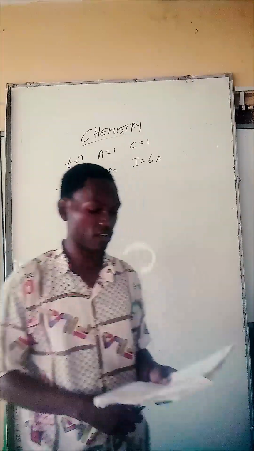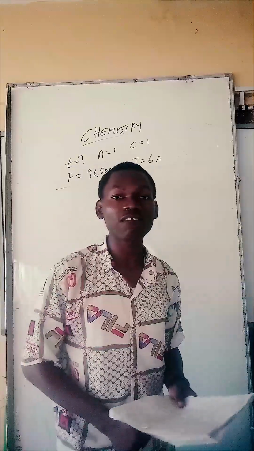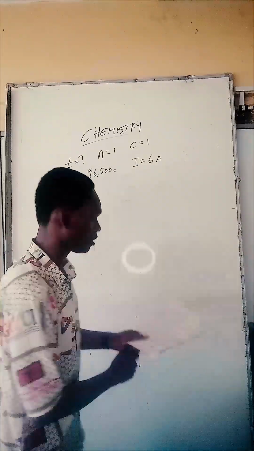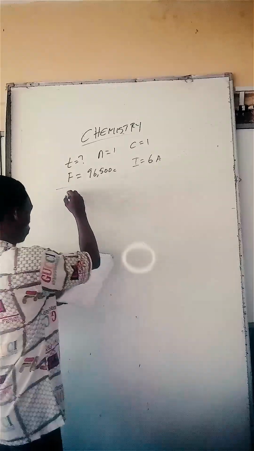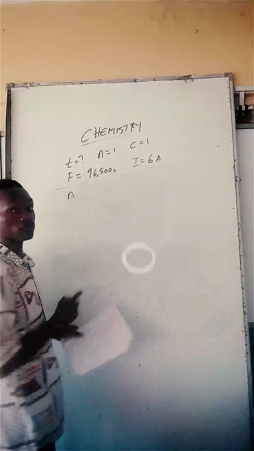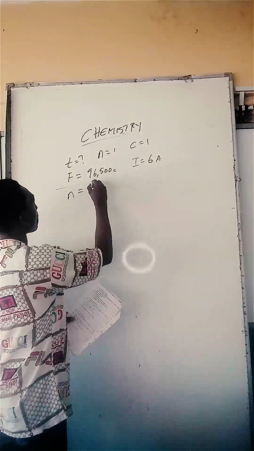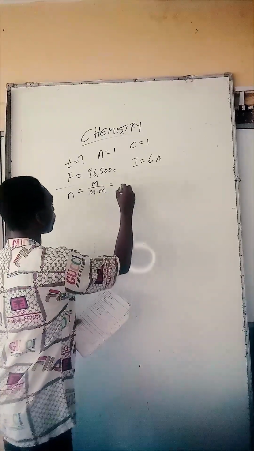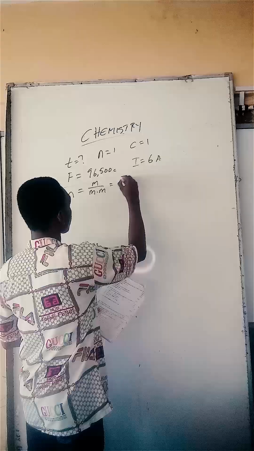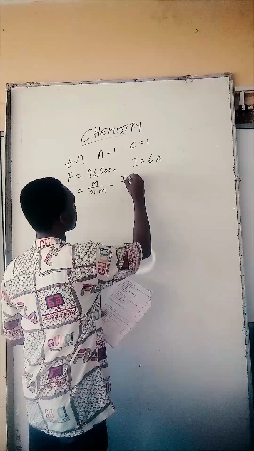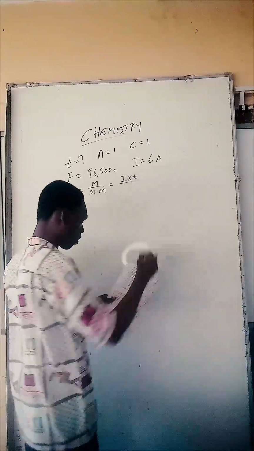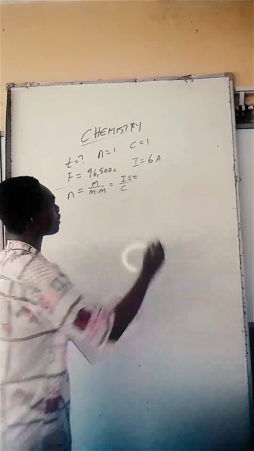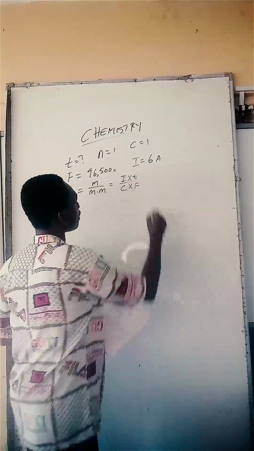Now let's solve. Recall that the formula for Faraday electrolysis calculation is number of mole, which is N, is equal to mass all over the molar mass, which is also equal to the current times the time all over the valency times Faraday's number.